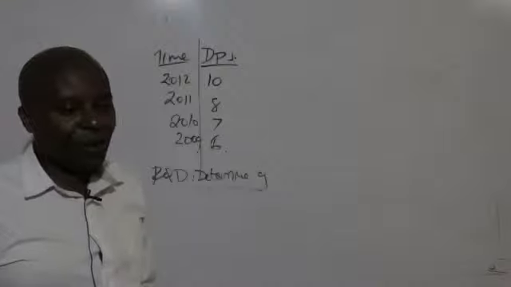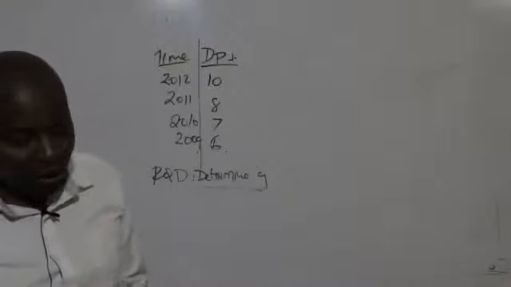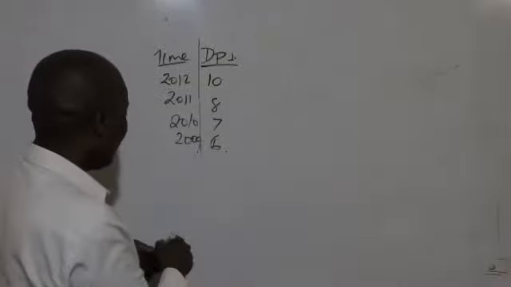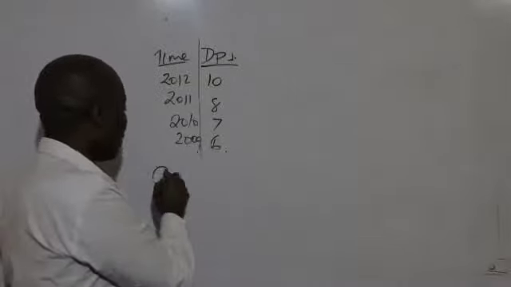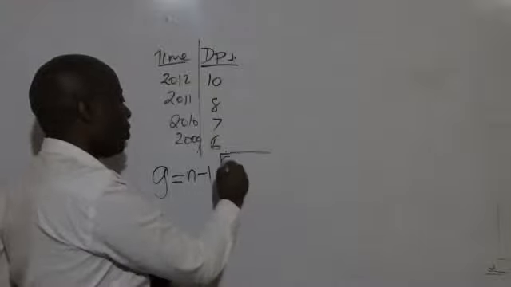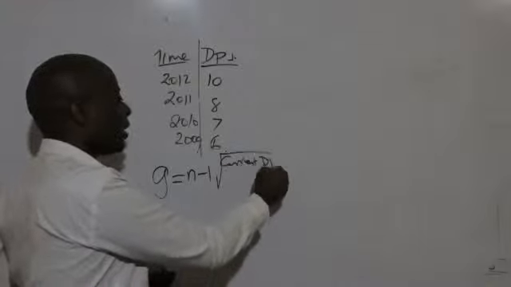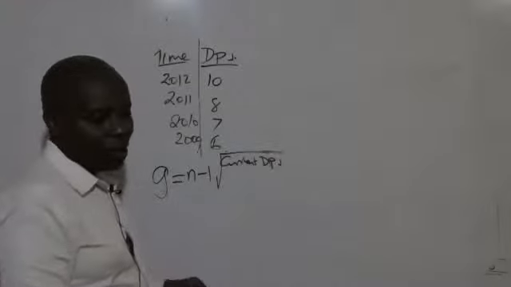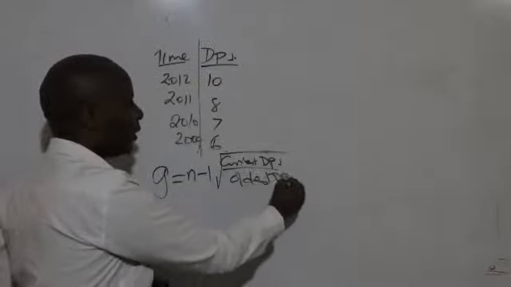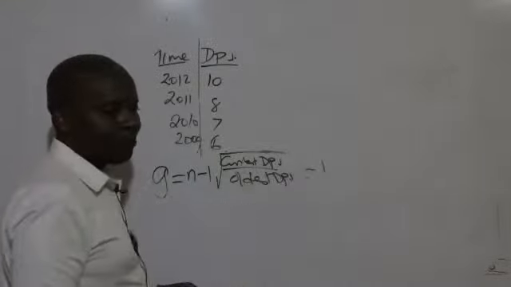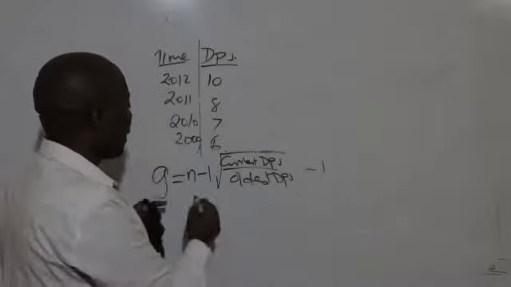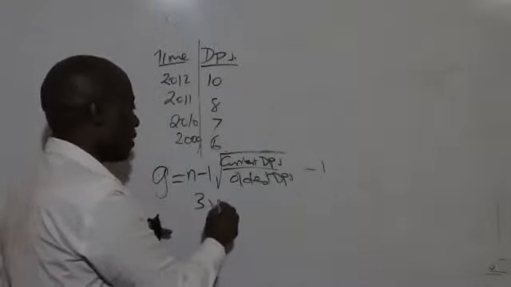Very good. So 18.6 is what they're getting, because they have remembered the formula very well: g equals the n minus 1 root of the current dividends per share over the oldest dividends per share, minus 1. The number of years n is 4, so 4 minus 1 gives the cube root, the third root.